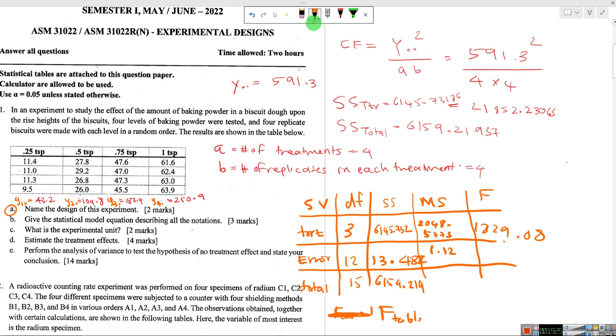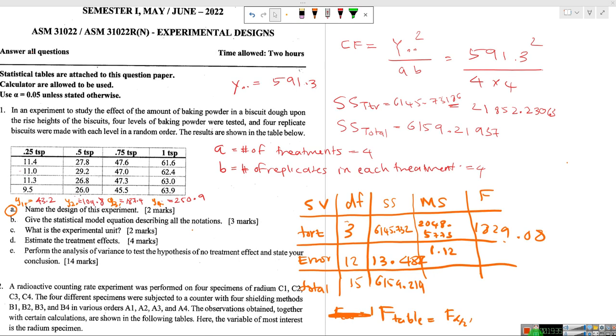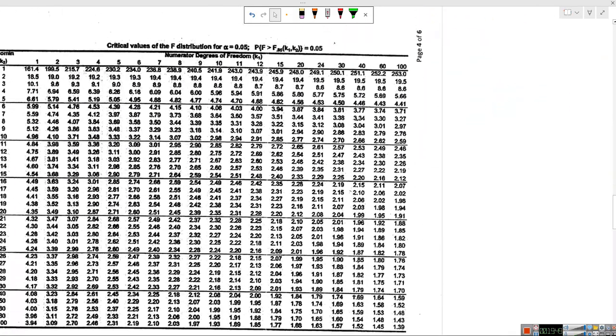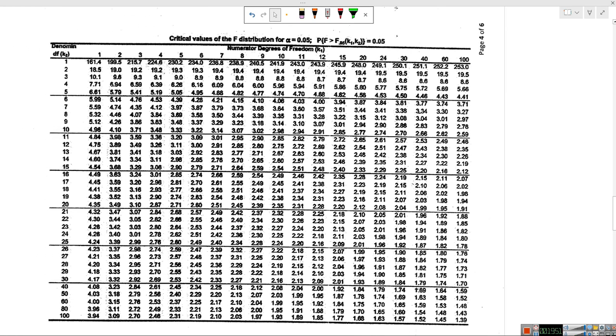F table is equal to F alpha (3, 12). So here we can go to the F table, upper value 3, lower value 12, right? So here the F table is given.